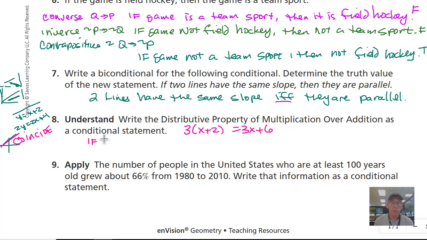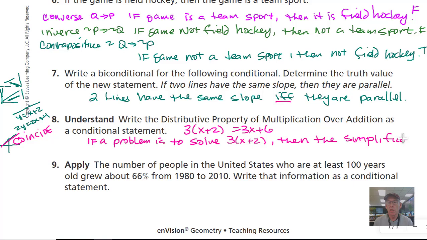So if a problem is to solve 3 times the quantity (x plus 2), then the simplified answer is 3x plus 6. Okay, so I wrote it as a conditional statement, if, then.